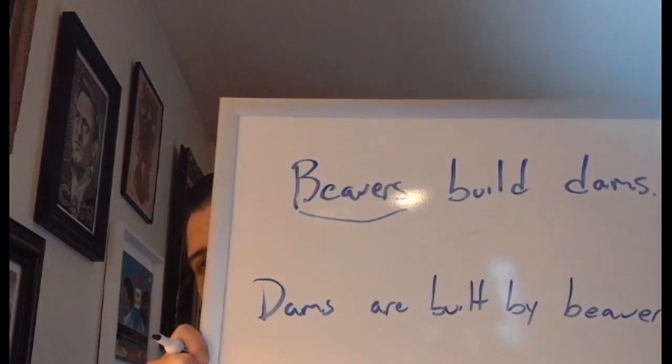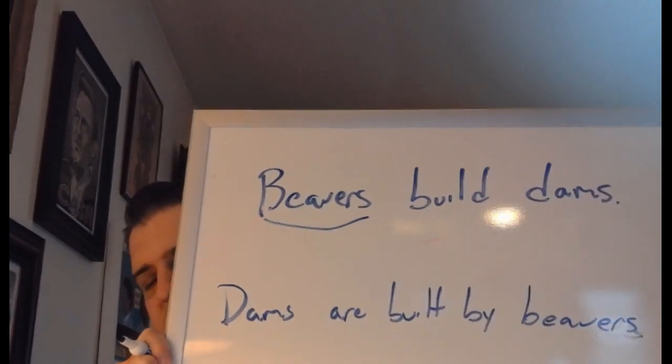So dams are not generally a thing built by beavers. So there's something important about what syntax does, that it can manipulate our semantics. So meaning cannot be the input to syntax. And this is an important thing for us to keep in mind.